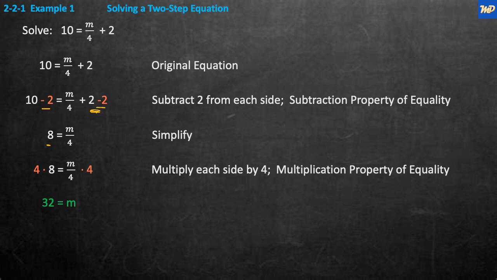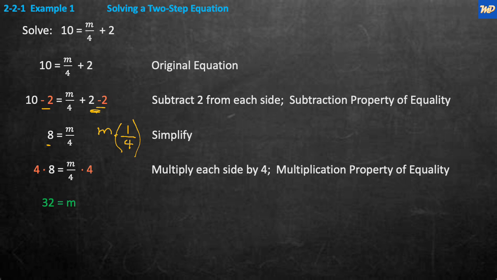Well, what is the coefficient of m? If you don't see it right off, the coefficient is 1/4, because this m is written as m times 1/4. Here's the coefficient of the m variable. Got it? So given that, how do you do that? We either have to multiply or divide.